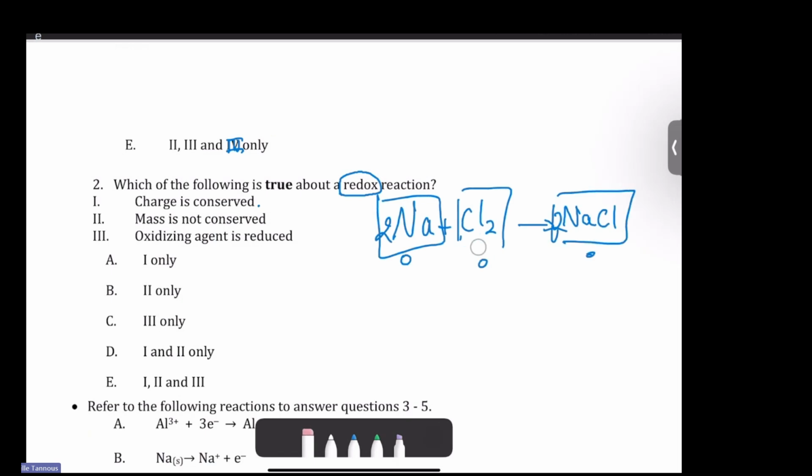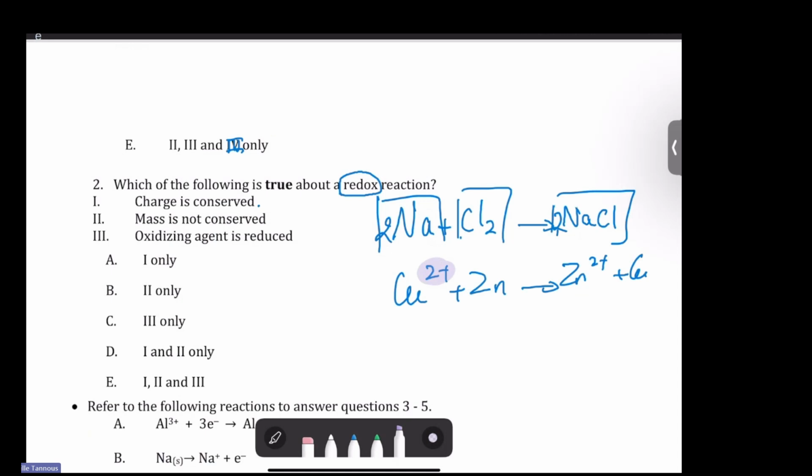Charge is conserved. I'm going to give you another example. Cu2+ plus Zn giving Zn2+ plus Cu, the previous example. Overall here is 2+ and 0, so 2+. Overall here is 2+ and 0, so 2+. Charge is conserved.